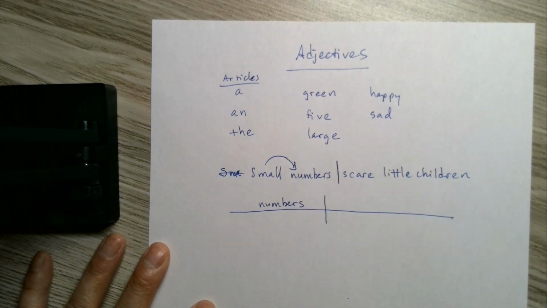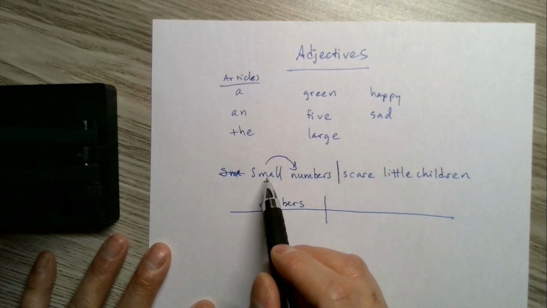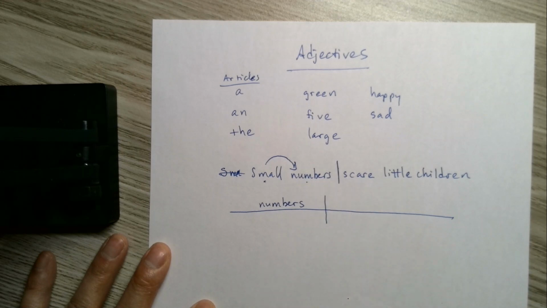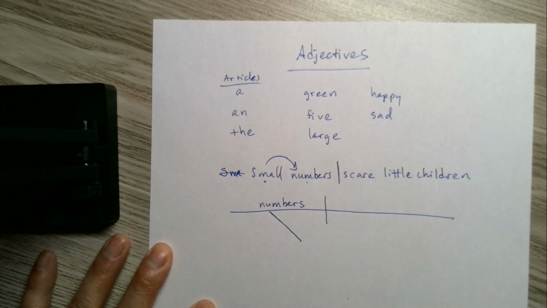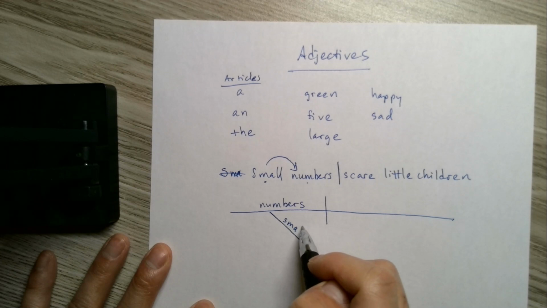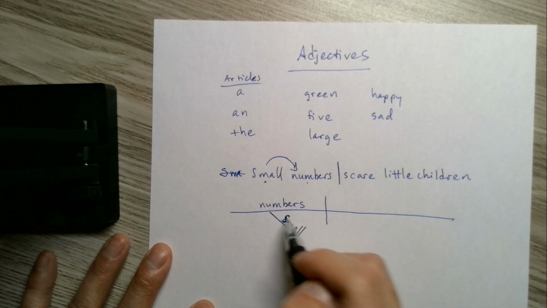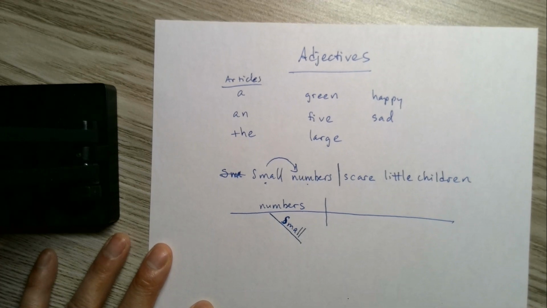They're not medium, they're not large, they're small. So this is an adjective that modifies numbers. So modifying words do not go on horizontal lines. They go on diagonal lines. So I'm going to draw a diagonal line extending down from numbers and write that modifying word, small. I should write a capital S actually, so that the reader knows that small is the first word in the sentence.